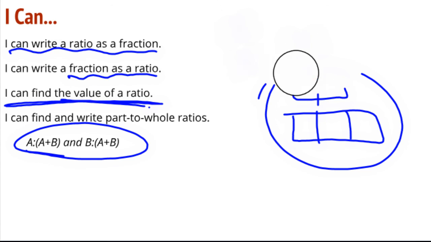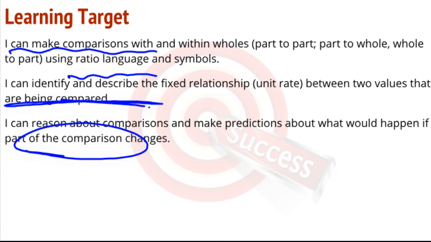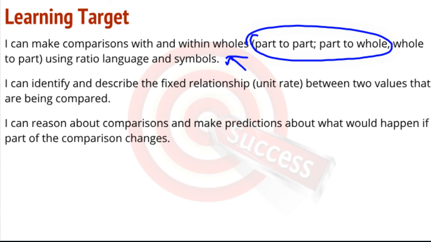So we're starting to look at part to whole ratios. All right, learning targets. Once again, we are really focused on this making comparison stuff. Part to part, part to whole, whole to part, really focused on these sections here, and we stepped into using those to solve problems.